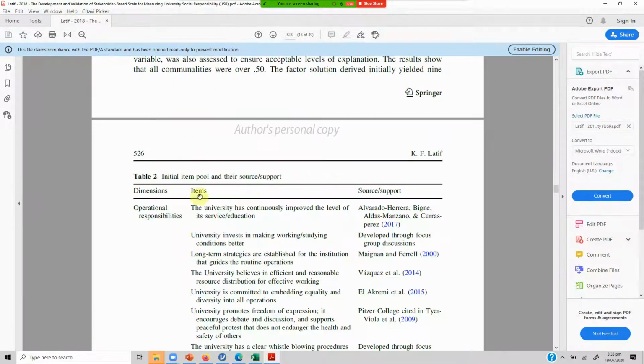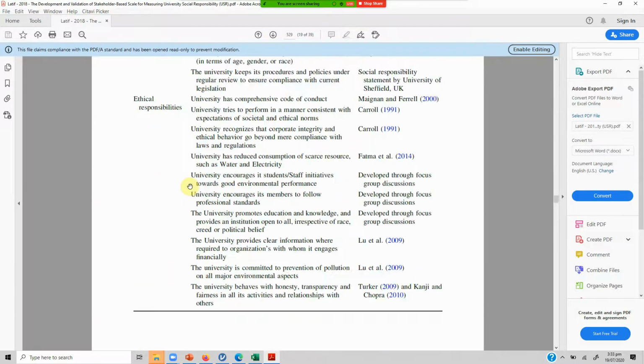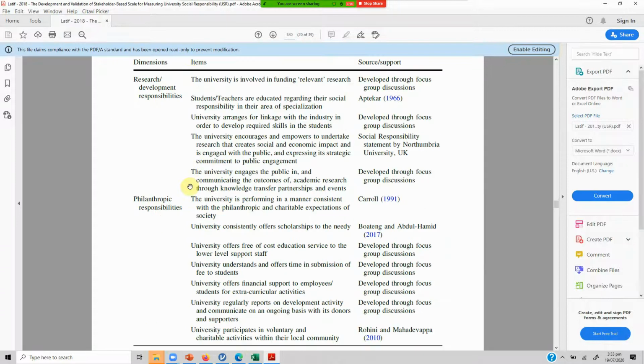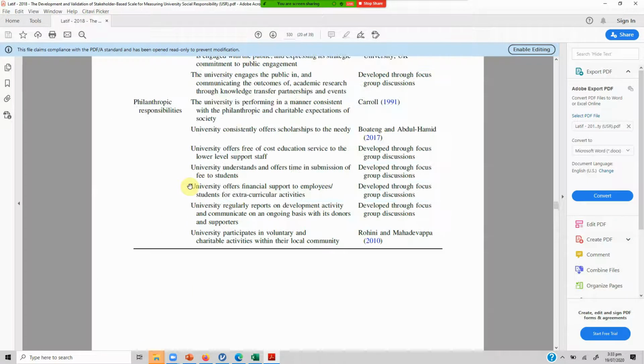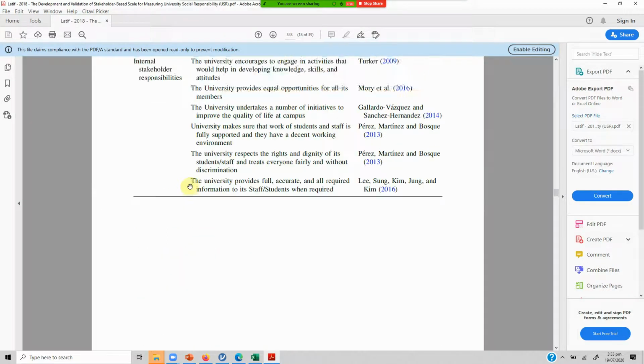Like this is my initial pool, their support and their categorization. Before EFA, this is my initial pool with all the items and their categorization. Now I need to do EFA to check or to assess whether this categorization actually holds true or not.